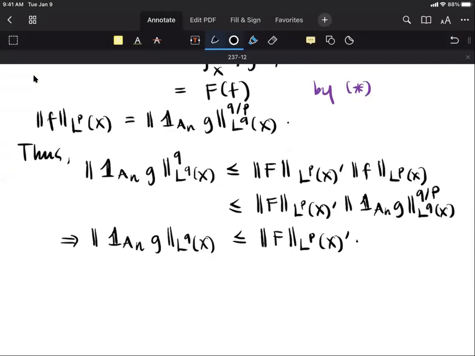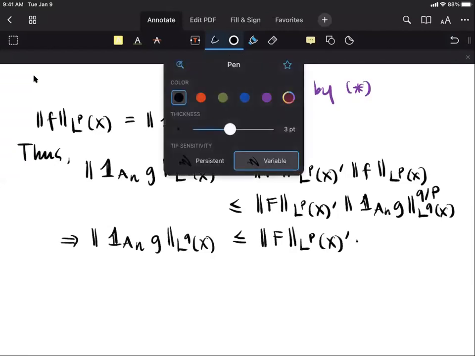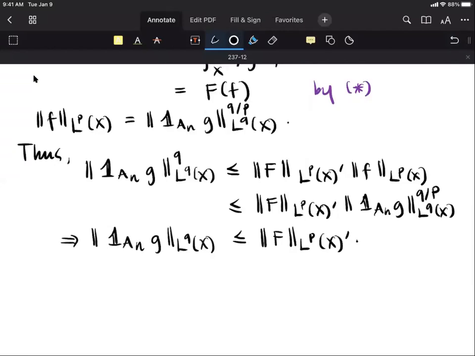And from here, we now observe that since A n is increasing, we have the following.